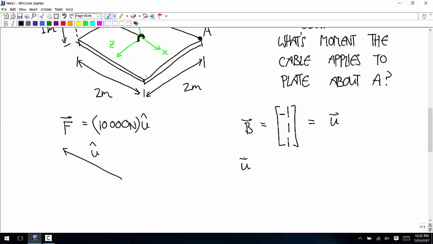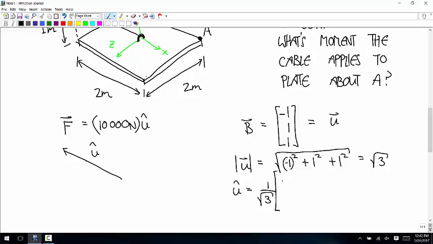So the length of this vector is the square root of (-1) squared plus 1 squared plus 1 squared, which is √3. And then the unit vector we want is 1 over √3 times the original vector, (-1, 1, 1). And that gives you -0.577, positive 0.577, positive 0.577.